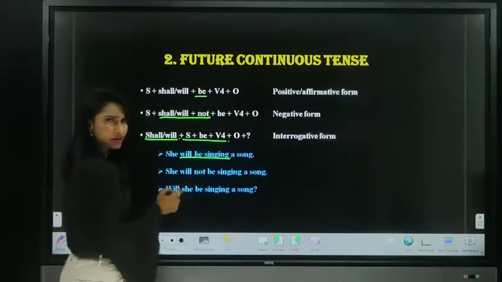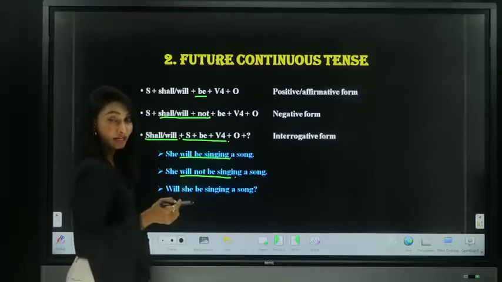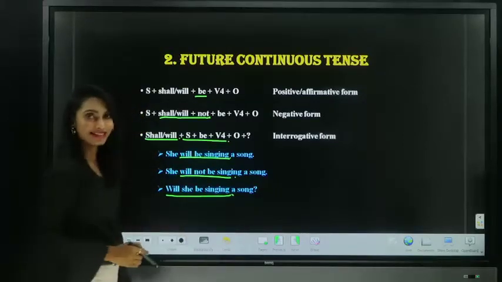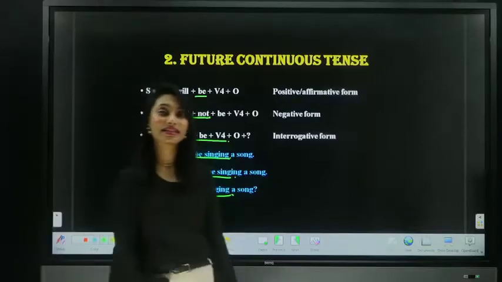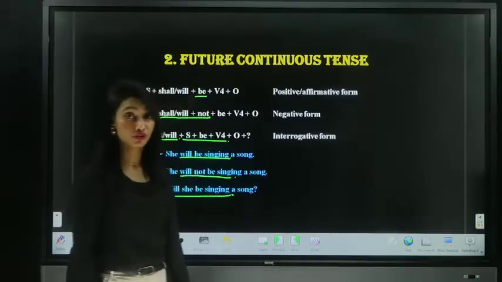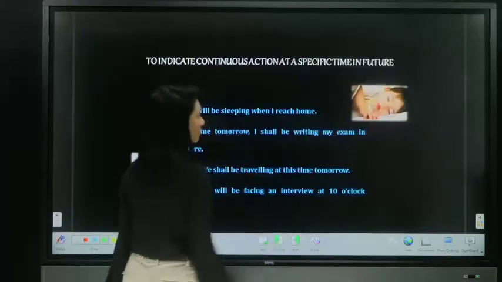Next, negative. She will not be singing a song. Negation. Interrogative. Will she be singing a song? Right? So now let's see the usage. When do we use this future continuous tense? As I told, it plays with our thought process or imagination. Remember that.